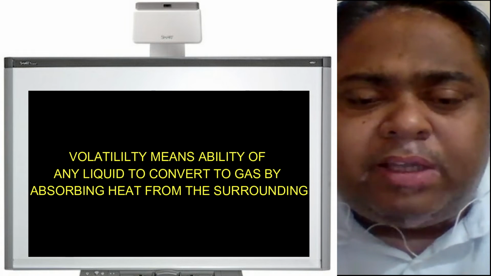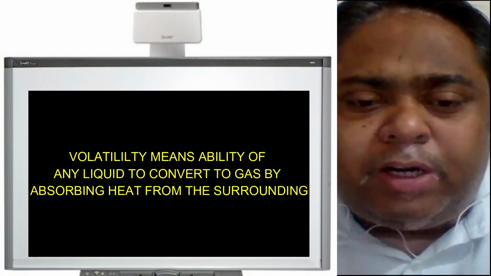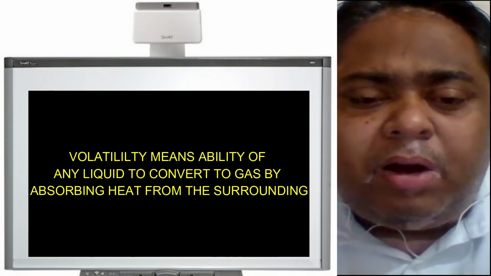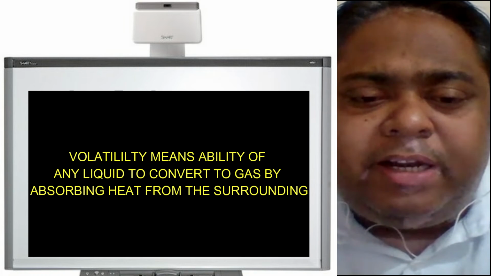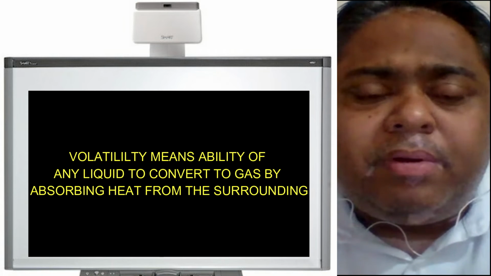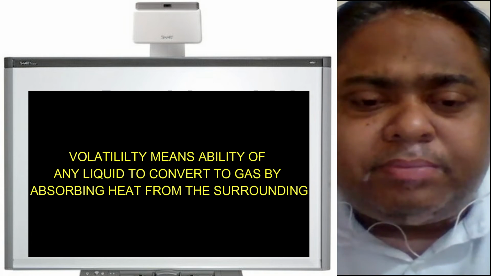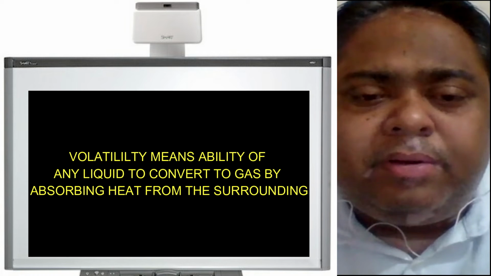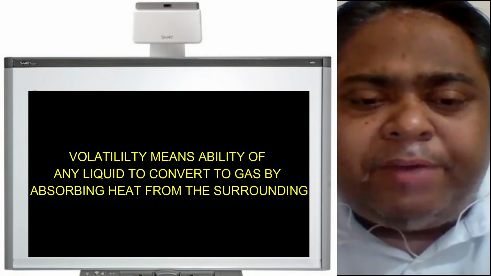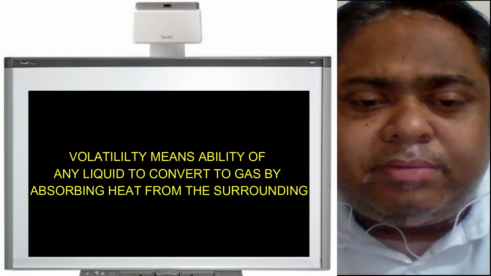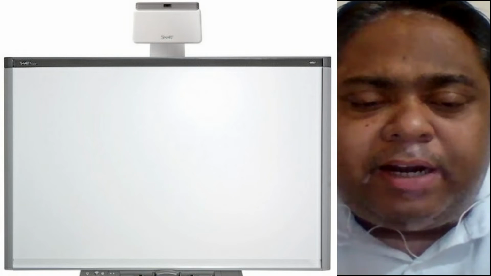Is alcohol or ethanol volatile in nature? Yes, it is. Now, how can we compare the volatility of these two solvents, alcohol and water? Alcohol and water both are volatile, but alcohol forms vapor faster than water, as a result of which it can be considered that alcohol is more volatile than water.